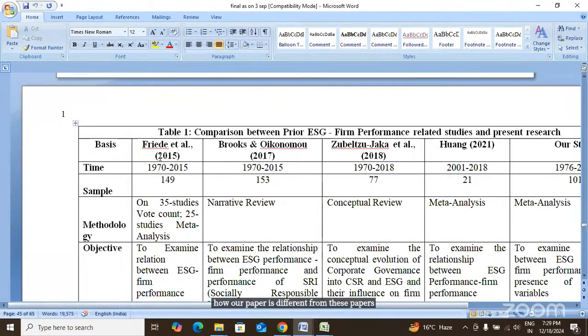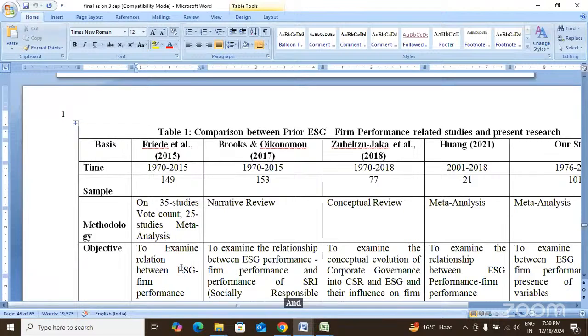We have divided it into a table, and this is the first paper, Freddy et al. He has also written a paper, and the objective is this. These people have also written previously on the same topic, and with the help of this table we are trying to tell them how our paper is different from the previously written papers.